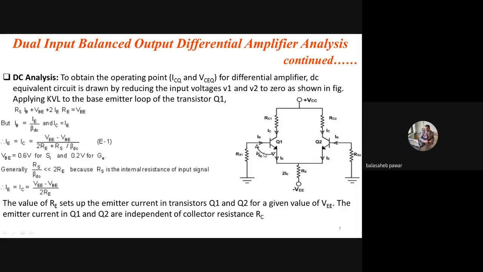Only by using constant current source biasing, these two transistors are biased in their amplifier region. As it is minus VEE, you have to write it equals VEE. When you apply KVL, we start from zero potential, that is ground. So it will be IB into this RS plus VBE plus the drop across this RE.